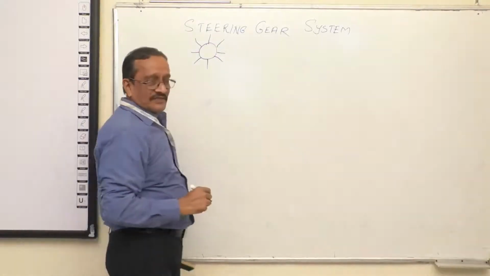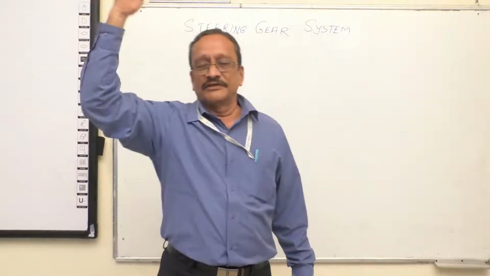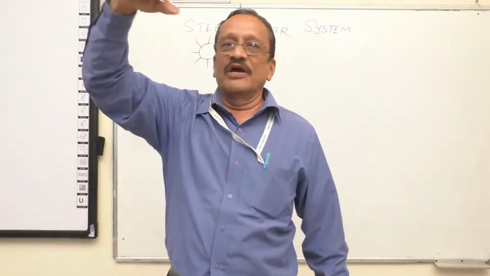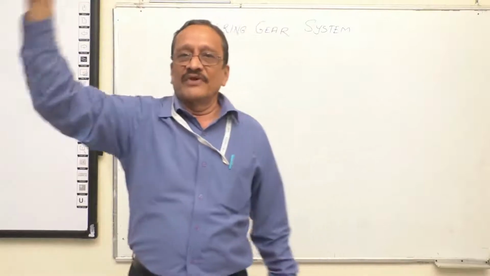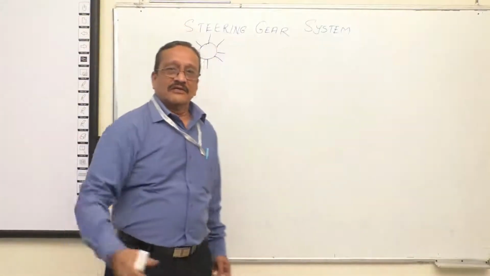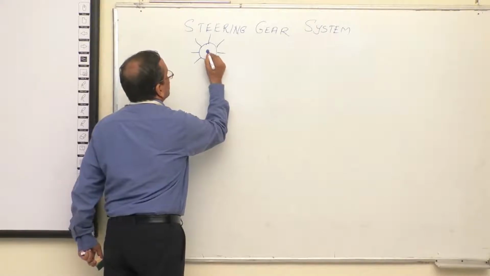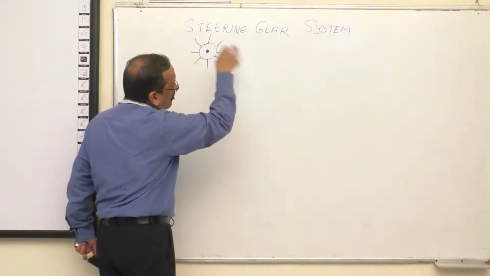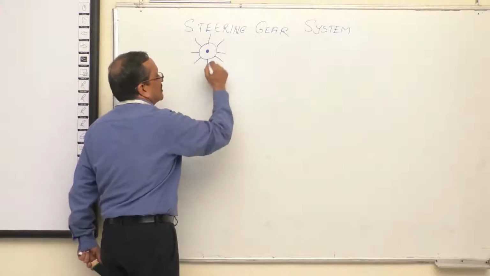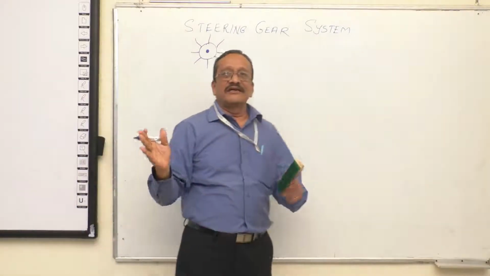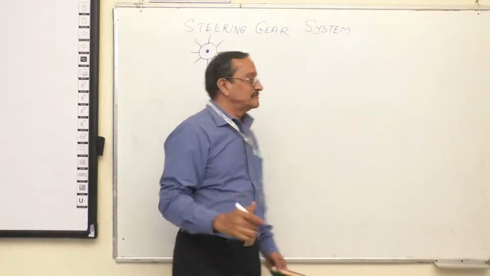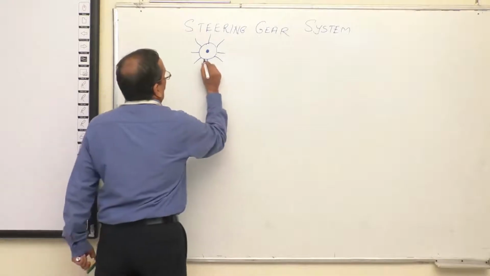All of you must have seen that in your simulator room and in the shipping campus. Now this steering wheel, once rotated clockwise or anti-clockwise, is going to give you the necessary turn in your rudder.